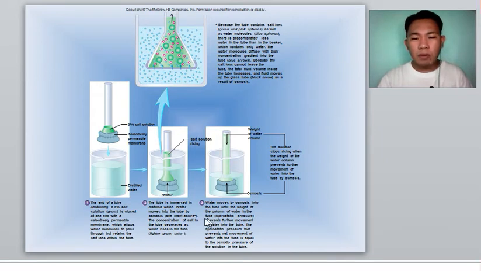And we observe that water moves by osmosis into the tube until the weight of the column of water in the tube prevents further movement of the water into the tube. The hydrostatic pressure that prevents the net movement of water into the tube is already equal to the osmotic pressure of the solution in the tube.